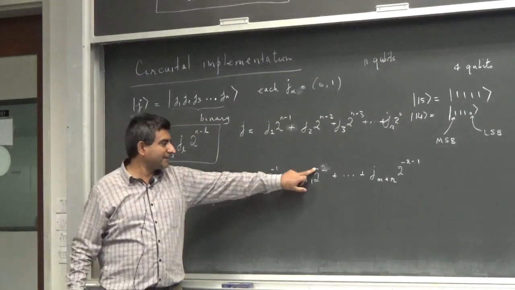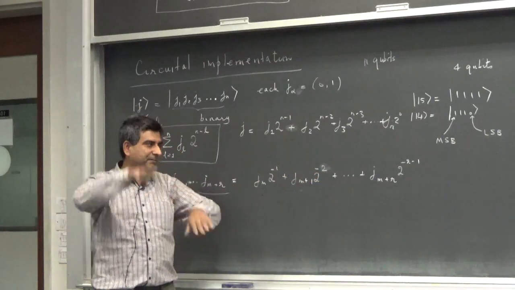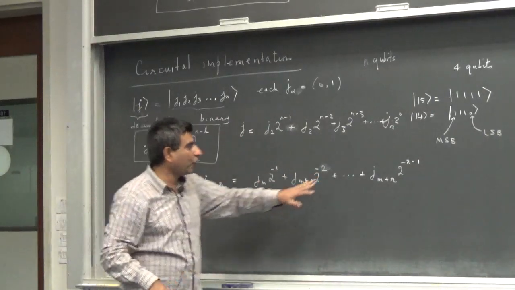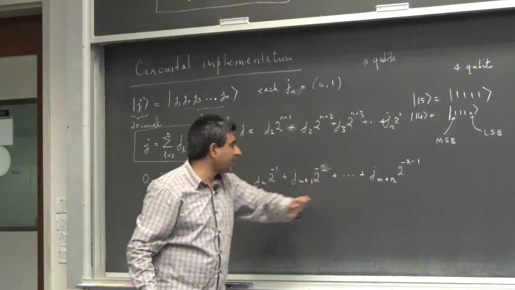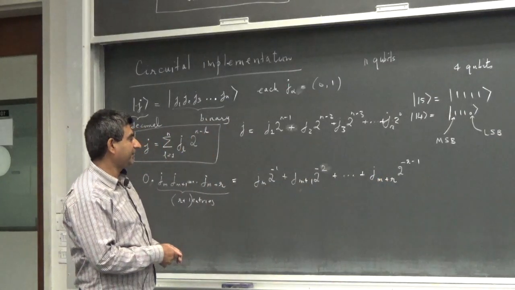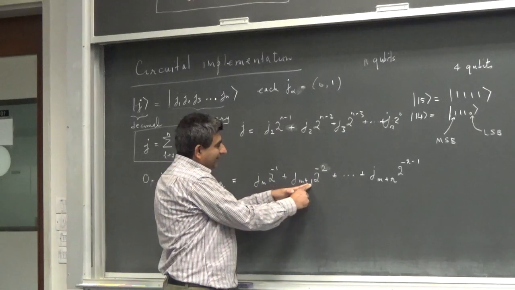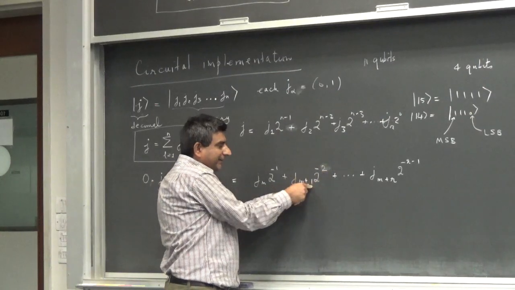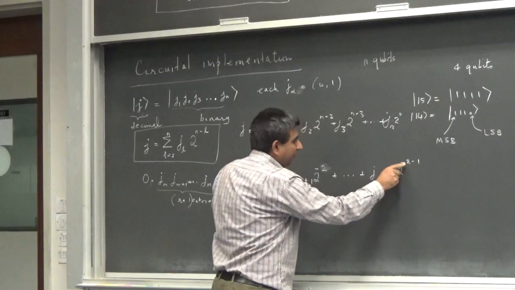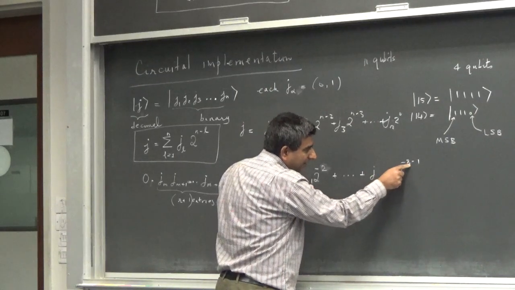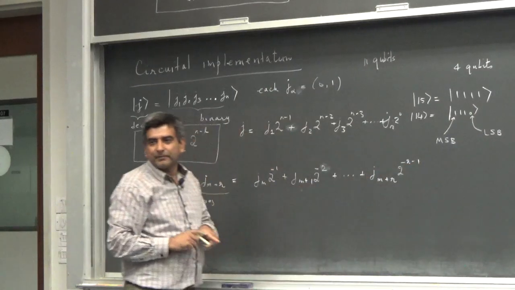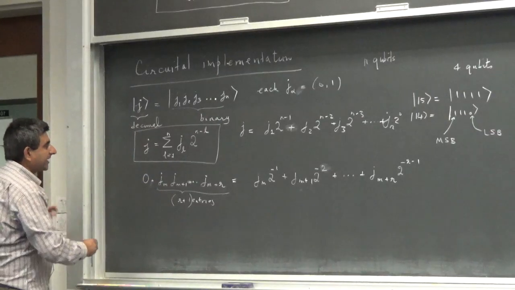The next picks up 2 to the power minus 2, so you divide by 4, then you divide by 8, and you go all the way. So the m plus rth one has an exponent 1 bigger than r, with a minus sign. Alright, so this is my second piece of notation.